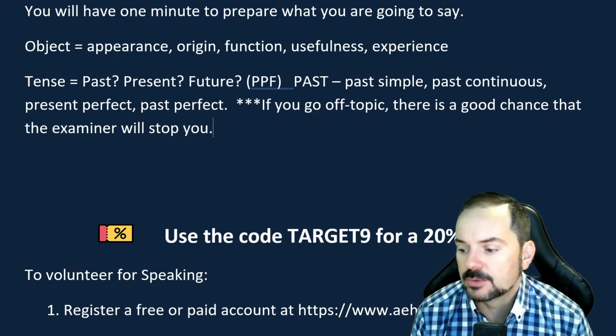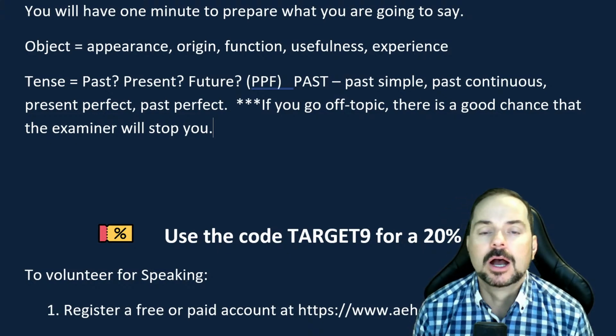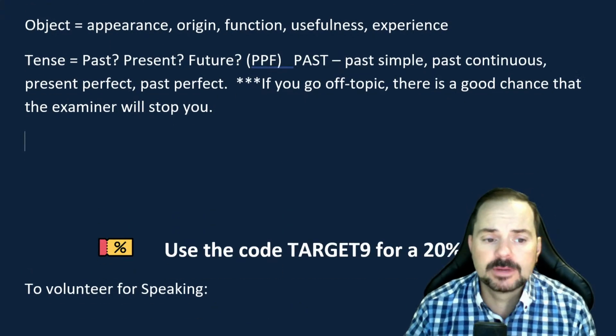Baljit says, like the wind was blowing and I could feel the cold breeze touching my face. Yes, you can, but Baljit, you have to be relevant. That's a good question by Baljit.